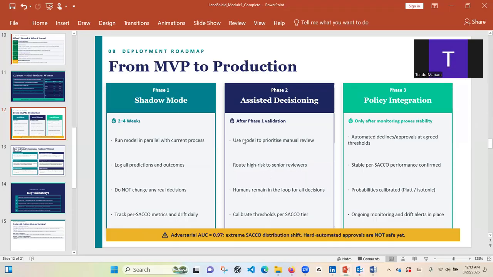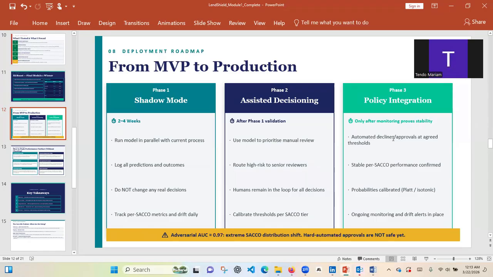Then in the second phase, we use the model to prioritize manual review. And then we route high risk to senior reviewers. The humans remain in the loop for all decisions, and we calibrate thresholds per circle tier. In the third phase, only monitoring after proven stability.